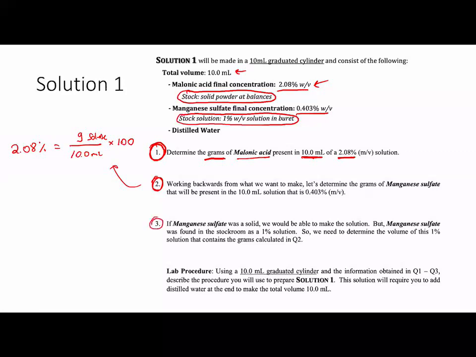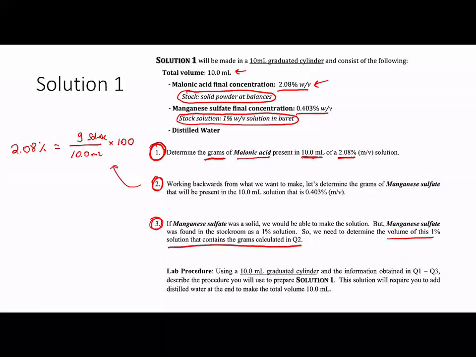Number 3 says if manganese sulfate was a solid, we would be able to make the solution directly, just like we did for malonic acid. But manganese sulfate is not a solid, or it is, but it is found in the stockroom as a 1% solution. So we need to determine the volume of this 1% solution that contains the grams calculated in question 2.